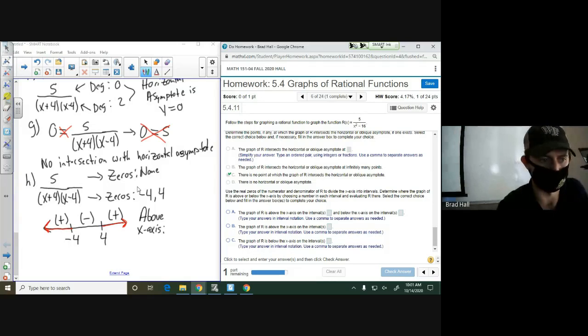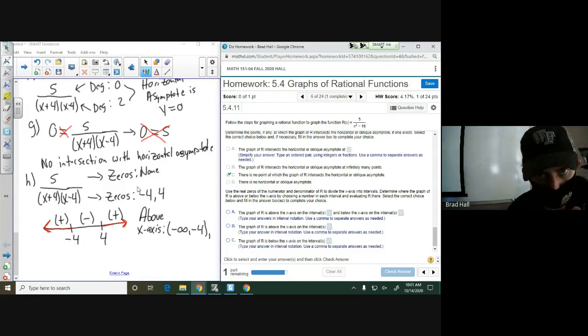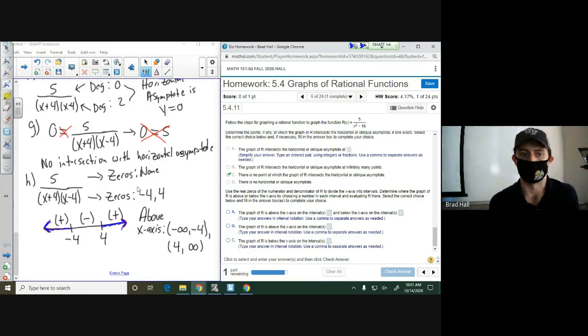And so in interval notation, that is -∞ to -4, and I'm using a comma to separate, and also 4 to infinity. So I'm taking the interval notation of these two intervals and writing them down respectively.